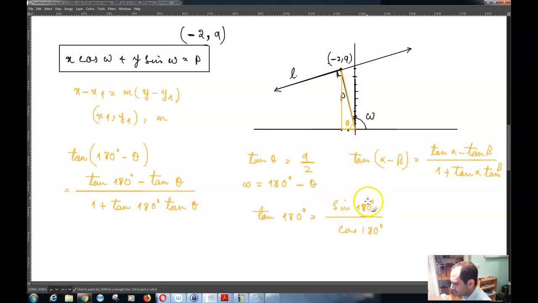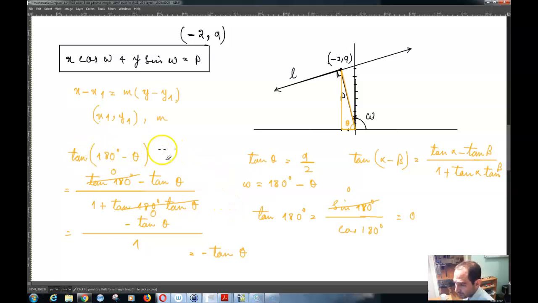And sine 180 degrees, as you know, is equal to 0, so this whole thing is equal to 0. So over here this becomes 0 and this also becomes 0. So I'll get negative tan theta divided by 1, which is equal to negative tan theta.